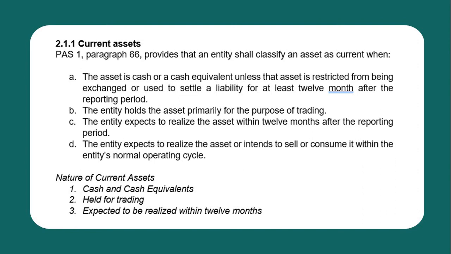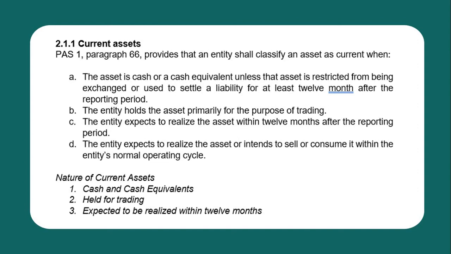So, assets are classified into current and non-current assets. So, unsa man ang mga current assets? So, PAS 1, paragraph 66 provides that an entity shall classify an asset as current when the asset is cash or cash equivalent unless the asset is restricted from being exchanged or used to settle a liability for at least 12 months after the reporting period.